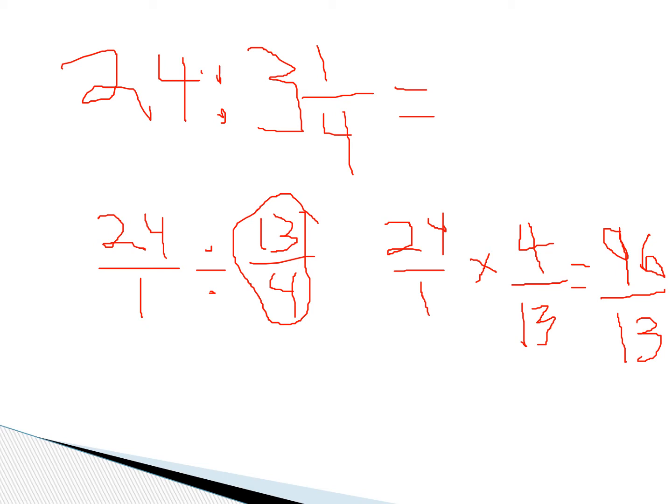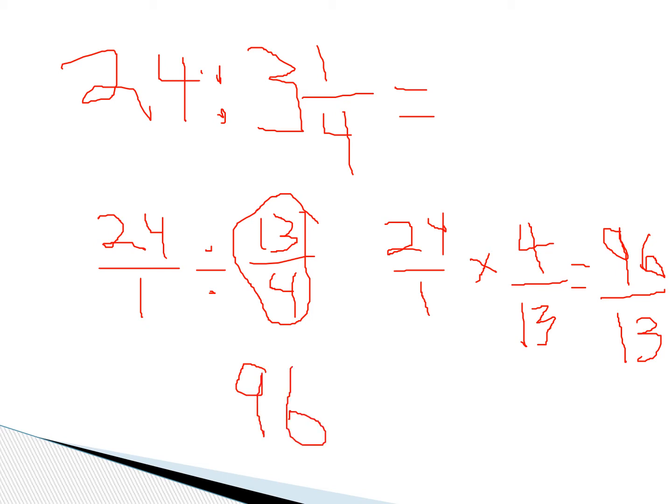So this is part of my answer. It's my first step to my answer, but how should it be written? It should be written in the ratio format. And your top number is your left number.